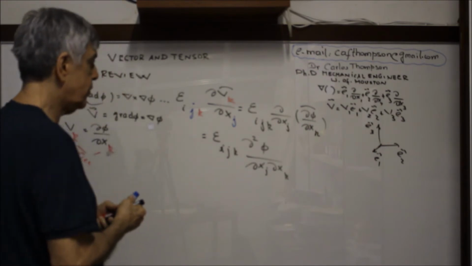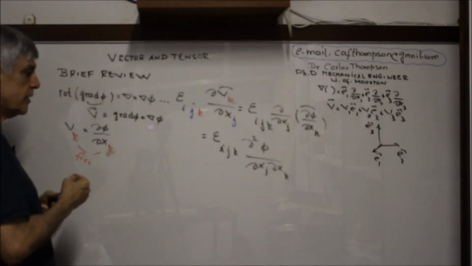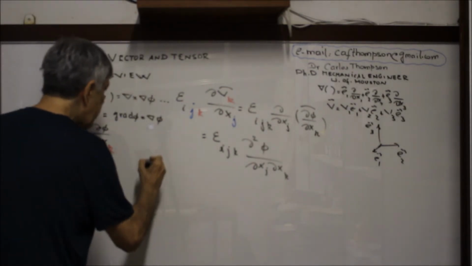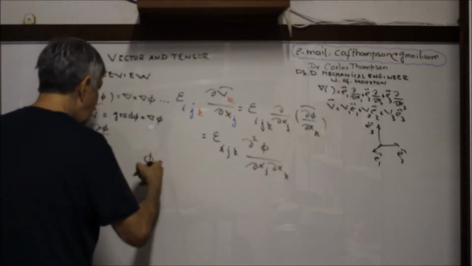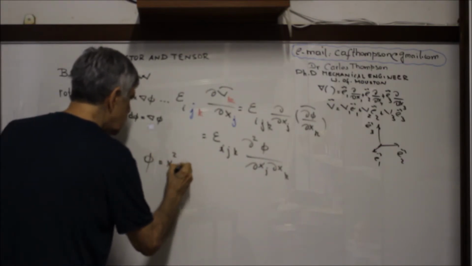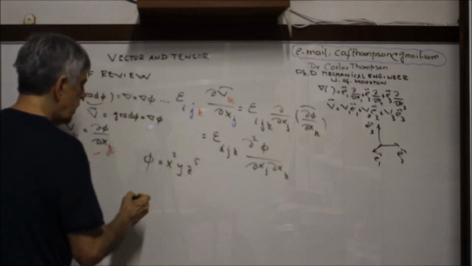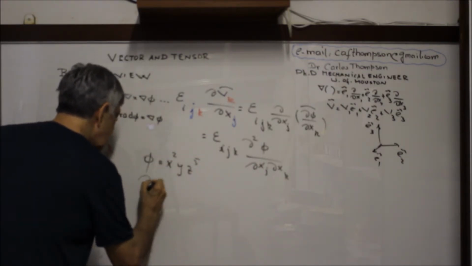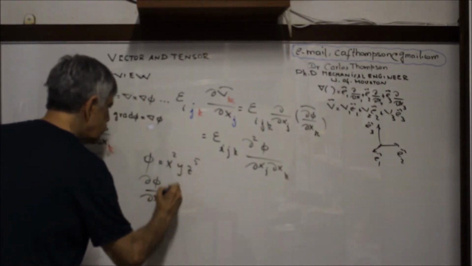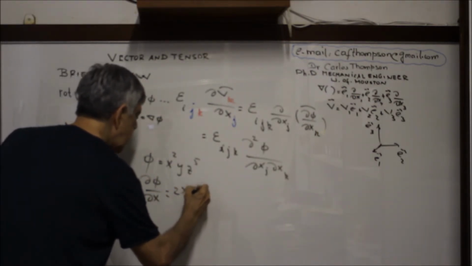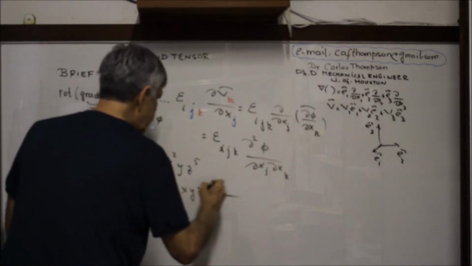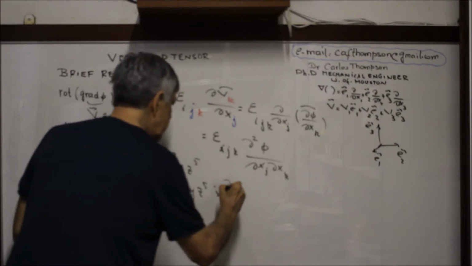Now you see an interesting point. Suppose you have a function phi like that. I will write in the traditional letters: x², y, z⁵. I'll get the derivative of phi with respect to x. This will be 2xyz⁵. Now I will derive this with respect to y. This will be 2xz⁵. Now I will do first the derivative with respect to y.